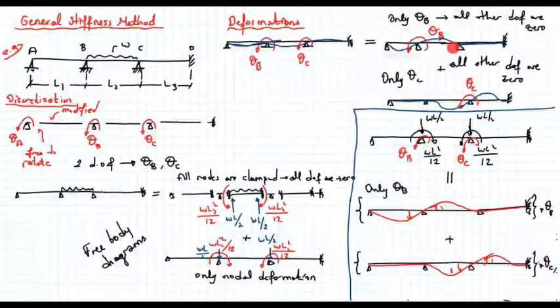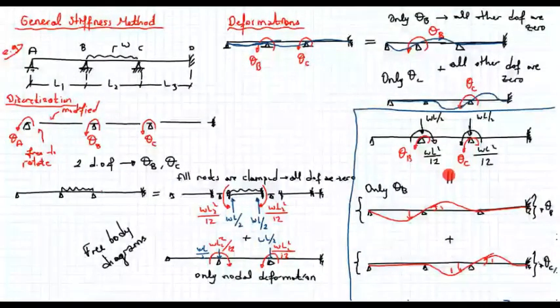If I add these two, I'll get the total deformation. So what I did here is I just combined these two graphs and rewrote it. So here we said that I have the unbalanced forces, and this theta b, or rotation at b and rotation at c, will be due to these unbalanced forces.